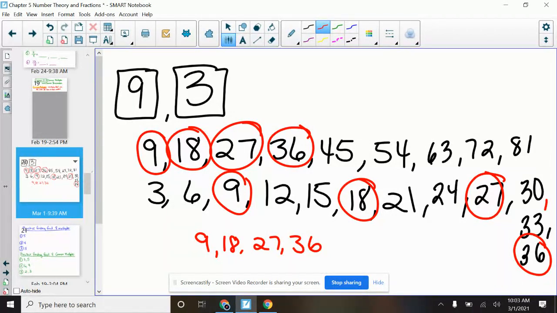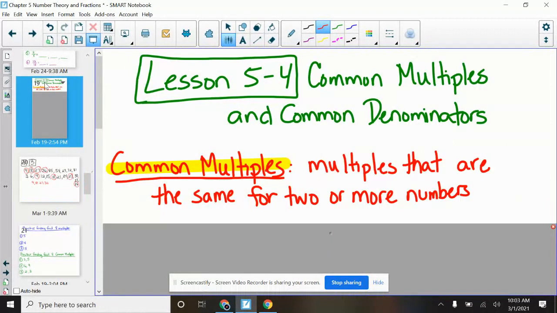So look, friends, that work that I just did right there, that is what common multiples means. To find a common multiple, you simply have to list the multiples of numbers and find the ones they have in common.